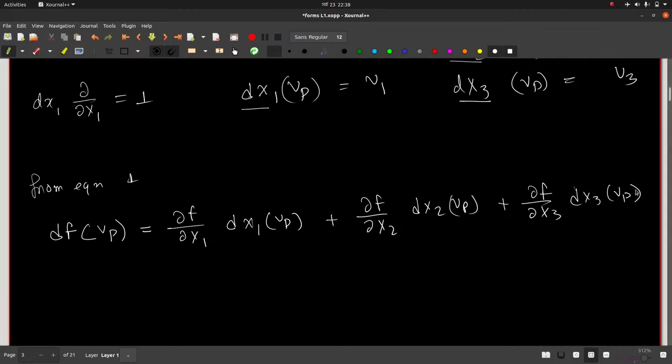Now, since these are partial derivatives, they will give you some type of function, or if you evaluate at a point, some number, and the only operator type of thing is these differential forms, and the operand, that means the thing getting operated on, are these vectors, right?